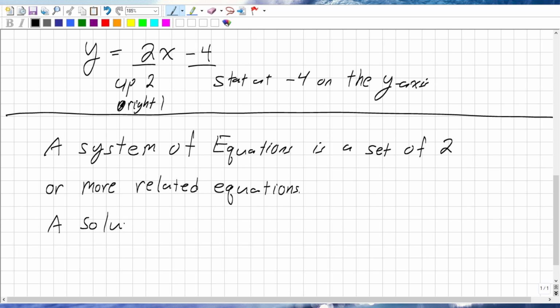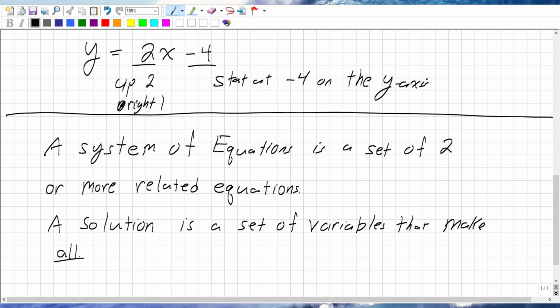A solution is a set of variables that make all of the equations true at the same time.